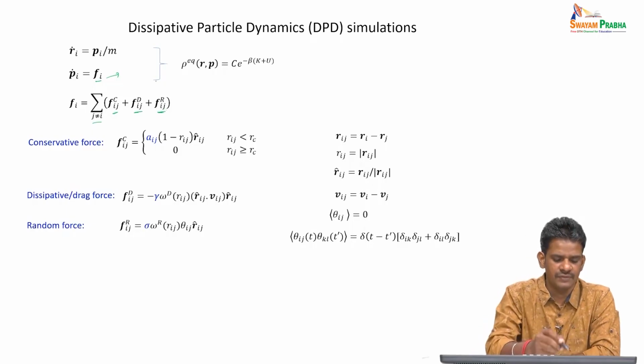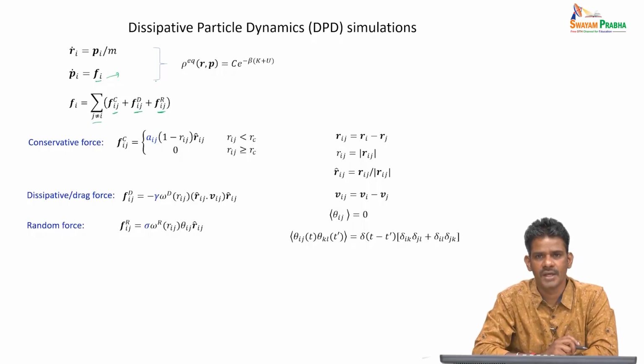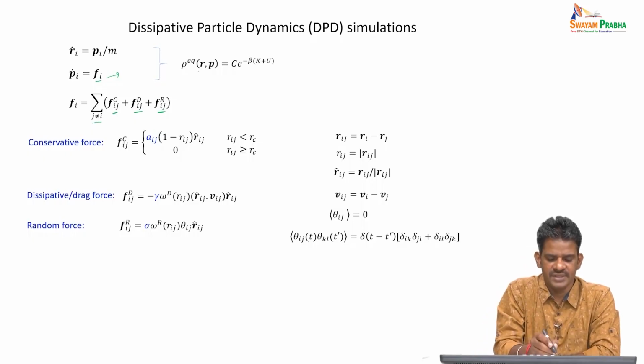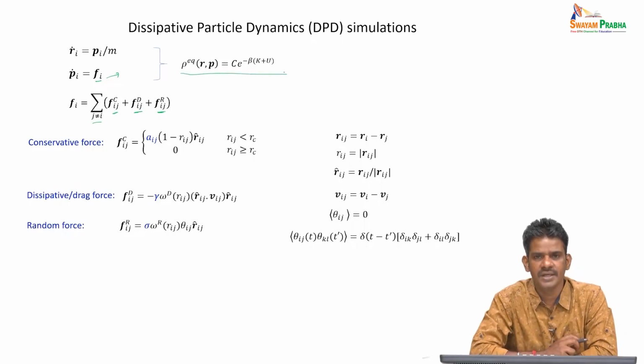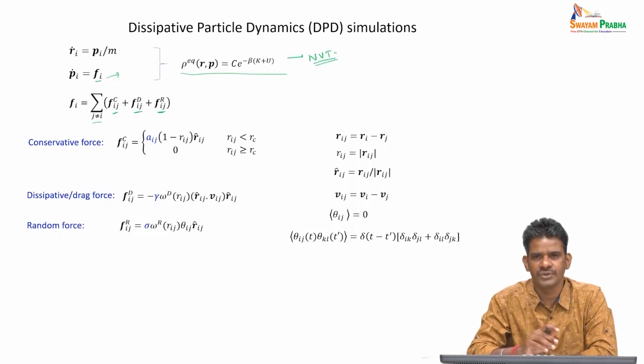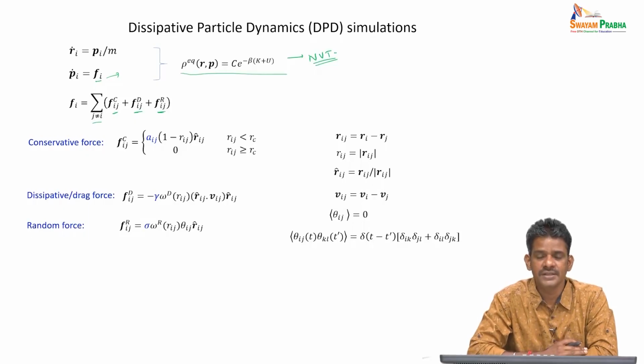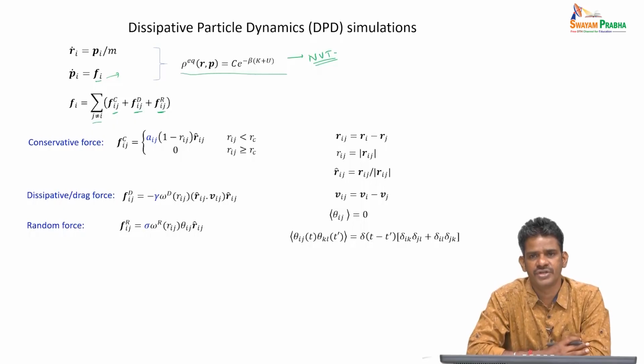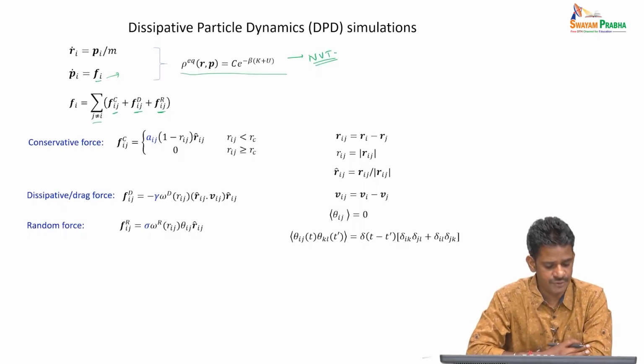When we solve these equations, we get a distribution given by a canonical distribution. So this is basically an NVT simulation. We are not going to show the proof of this result, but we will consider this as a fact: DPD simulation is essentially an NVT simulation, sampling the trajectories via a canonical distribution.